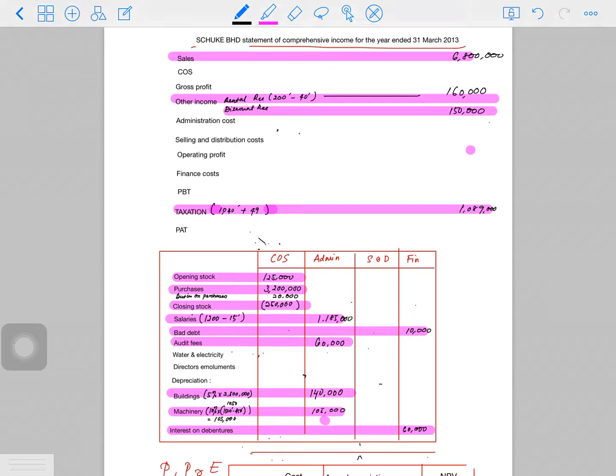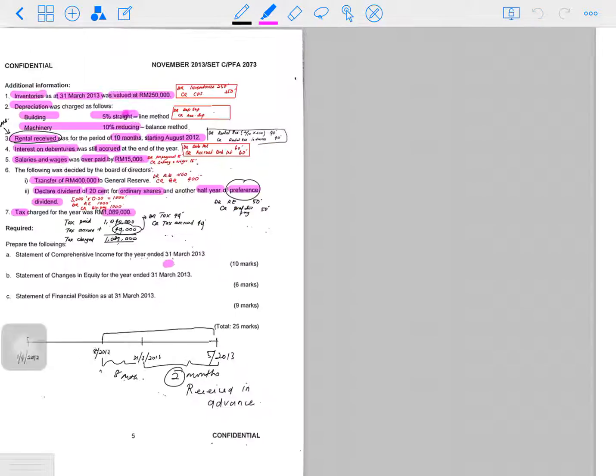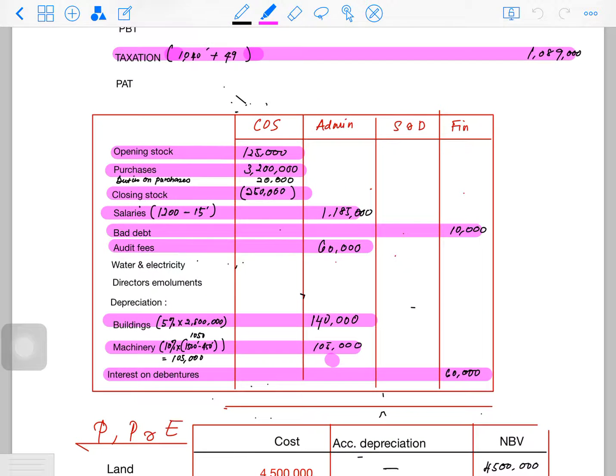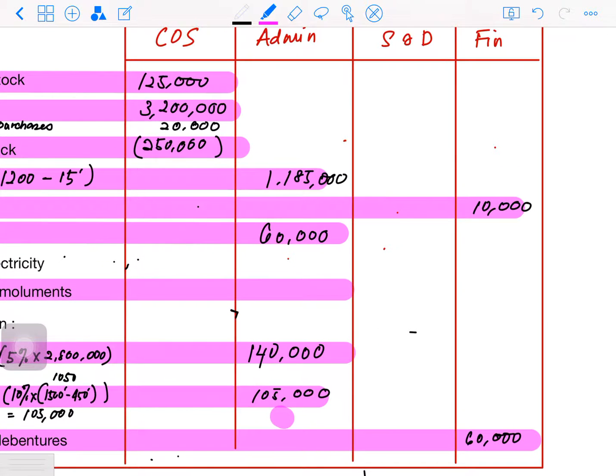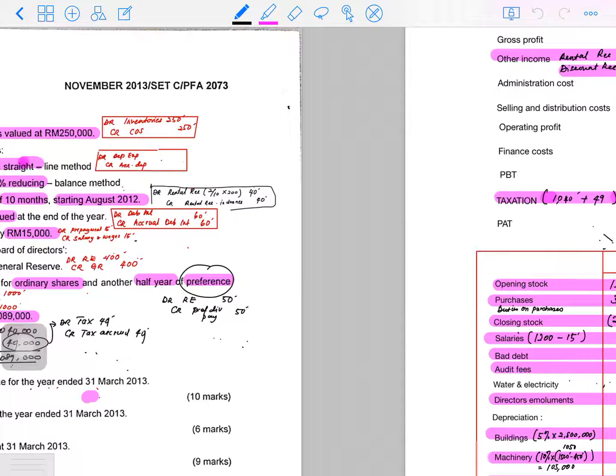Okay, 60. Directors' emolument, 80, also admin expense. Okay. Directors' emolument, 80.